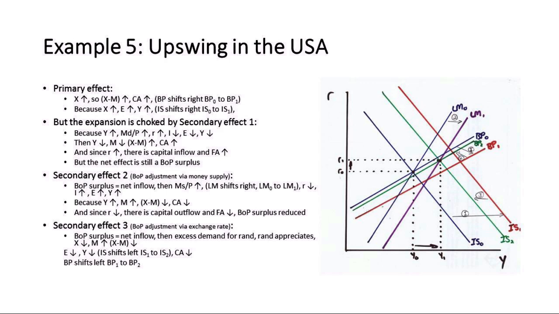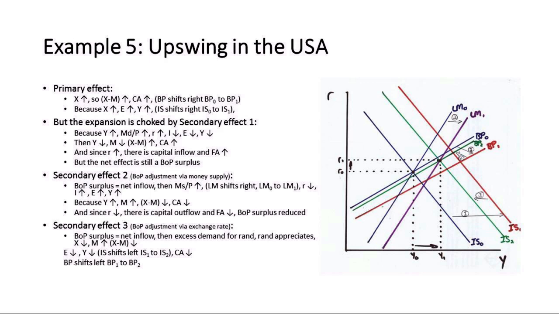The end result is that because exports and imports are part of what makes up the spending components that go into the IS curve, IS now moves back towards the left a little bit, from IS1 to IS2, and the BP curve, which also has in its components exports and imports, moves to the left from BP1 to BP2, bringing the economy back into equilibrium on LM1, IS2, and BP2.